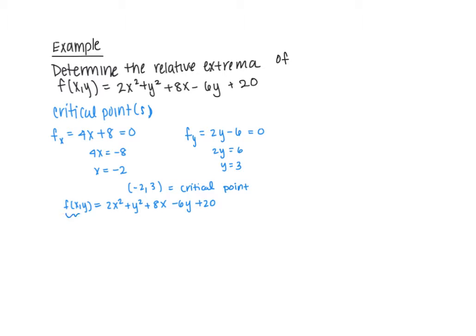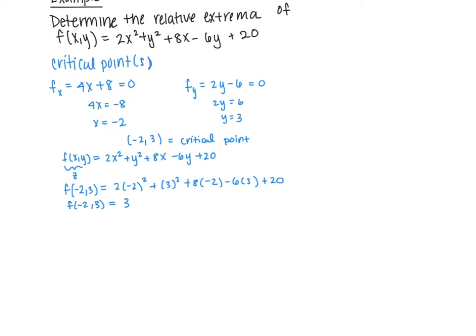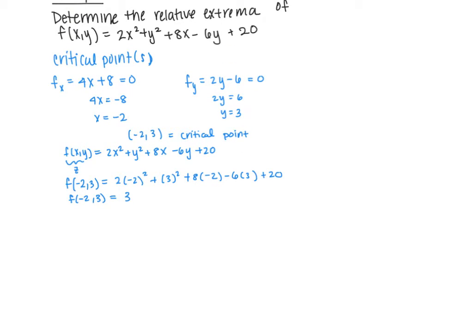So remember, this is the same thing as giving you the z coordinate, but I'm going to figure out what f of negative 2, 3 equals first. So 2 times negative 2 squared plus 3 squared plus 8 times negative 2 minus 6 times 3 plus 20. You can evaluate that, and you get f of negative 2, 3 equals 3.